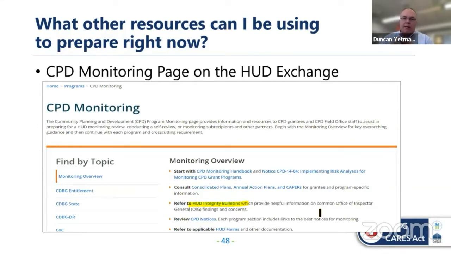Some of the topics there include procurement and contracting, subrecipient oversight, conflicts of interest, internal controls, documentation and reporting, and financial management. I would encourage you to go to those and utilize those integrity bulletins. Some very helpful information, common between us and the IG, the Inspector General, addressing common concerns, if you will.